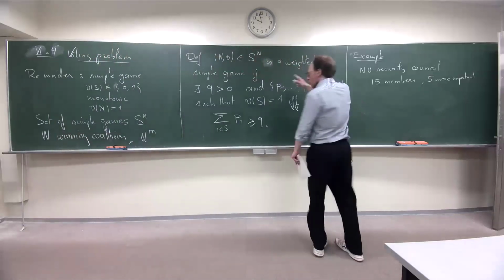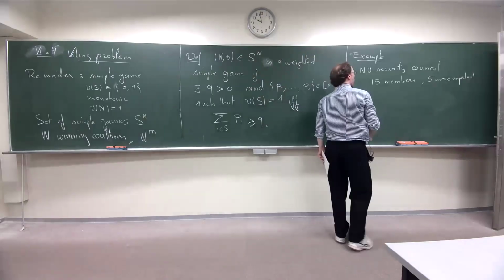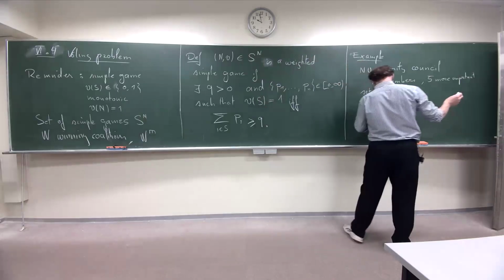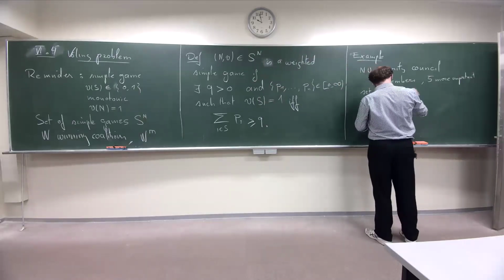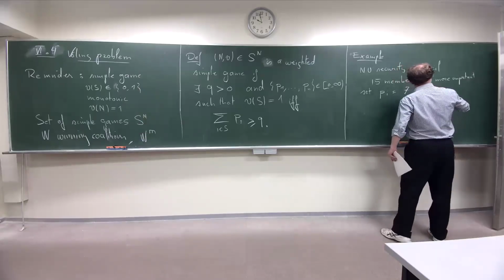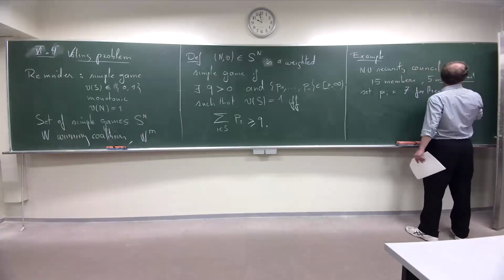And how can we represent this with this game? So we set p_i equal to 7 for these 5 more important countries.